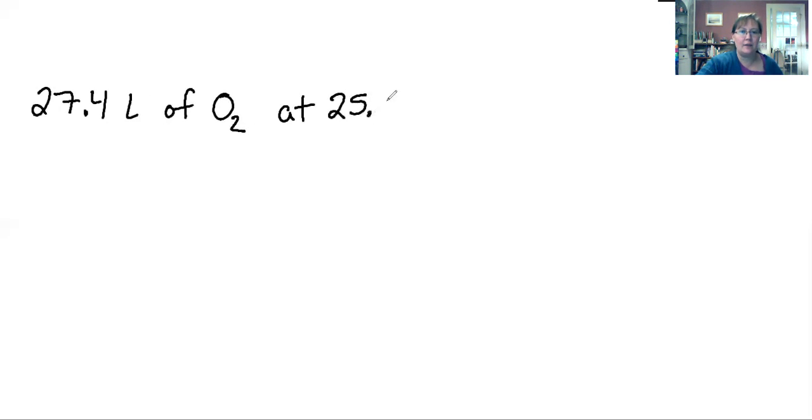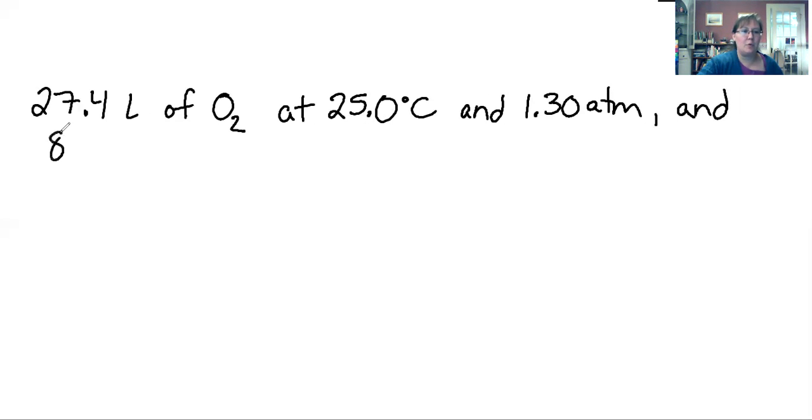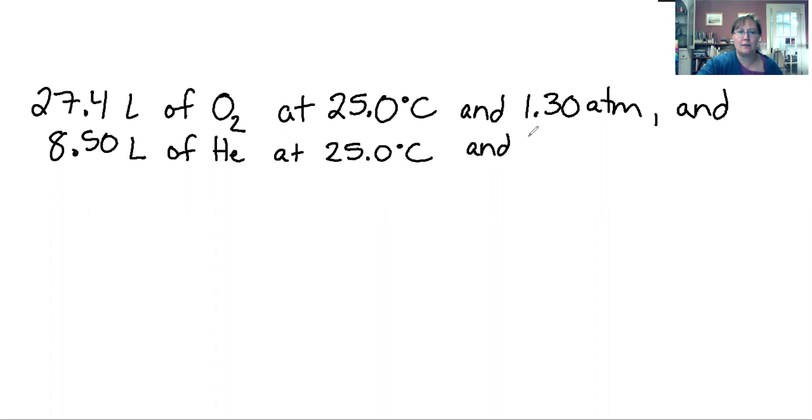So this says 27.4 liters of oxygen gas at 25 degrees Celsius and 1.30 atmospheres, and 8.5 liters of helium gas at 25 degrees Celsius and 2 atmospheres.